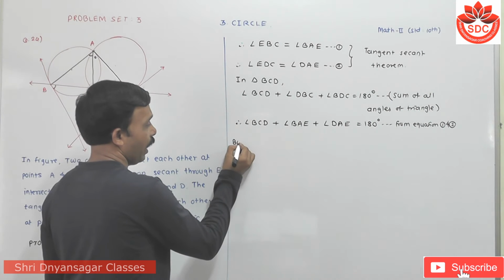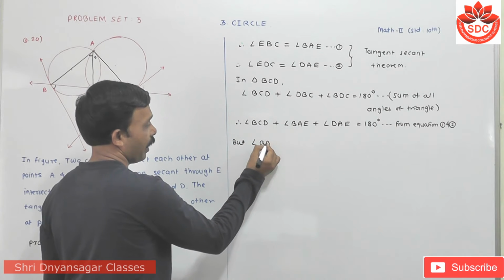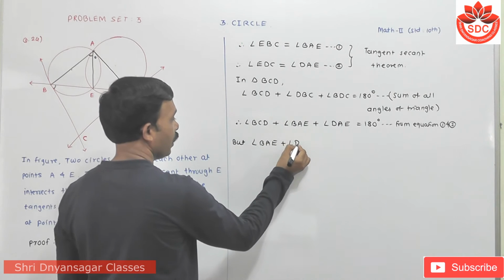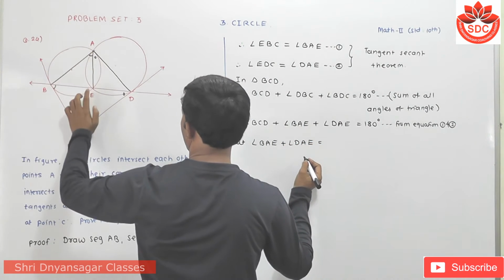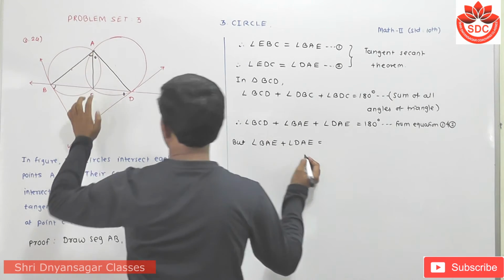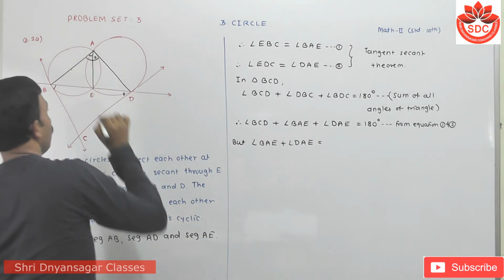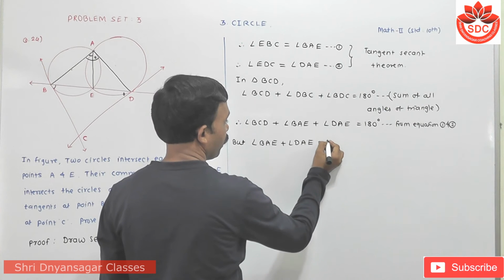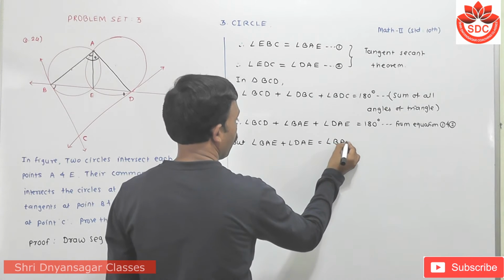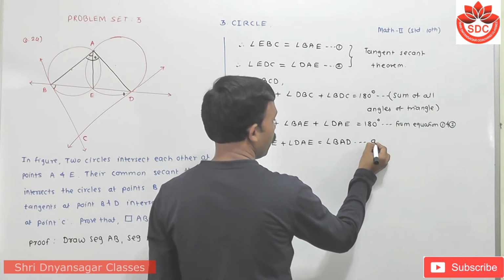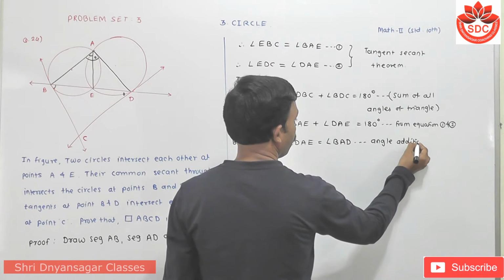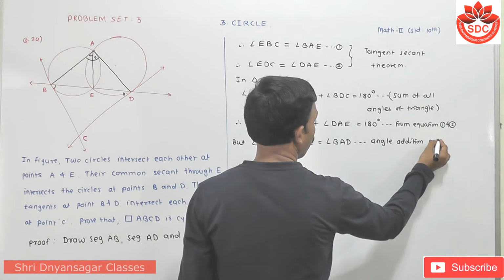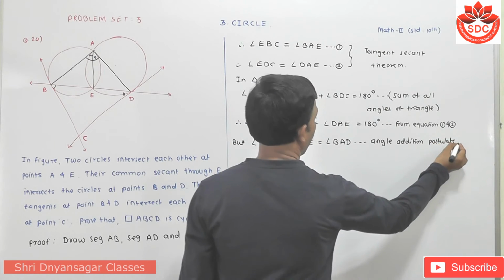Students, when we add angle BAE plus angle DAE, look at the figure, it becomes this angle, means angle BAD, because by using the angle addition axiom or postulate.